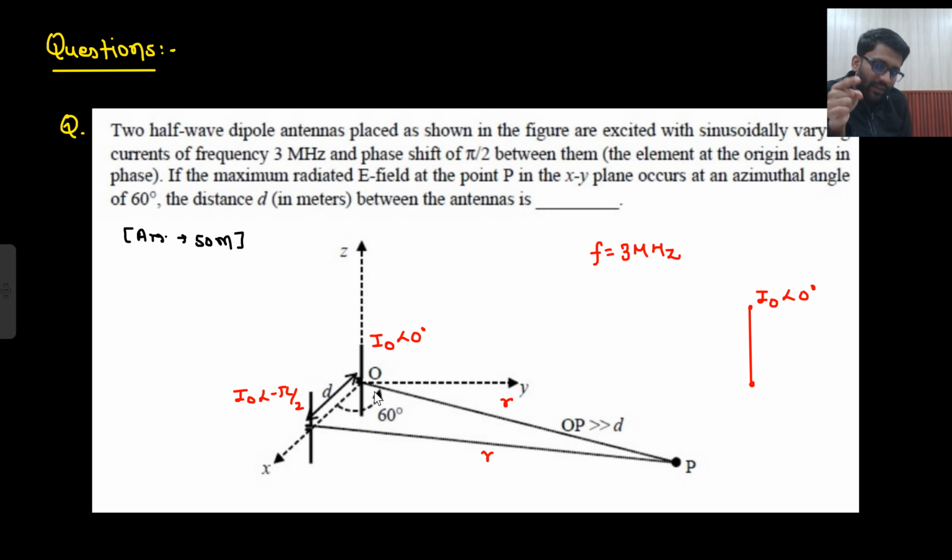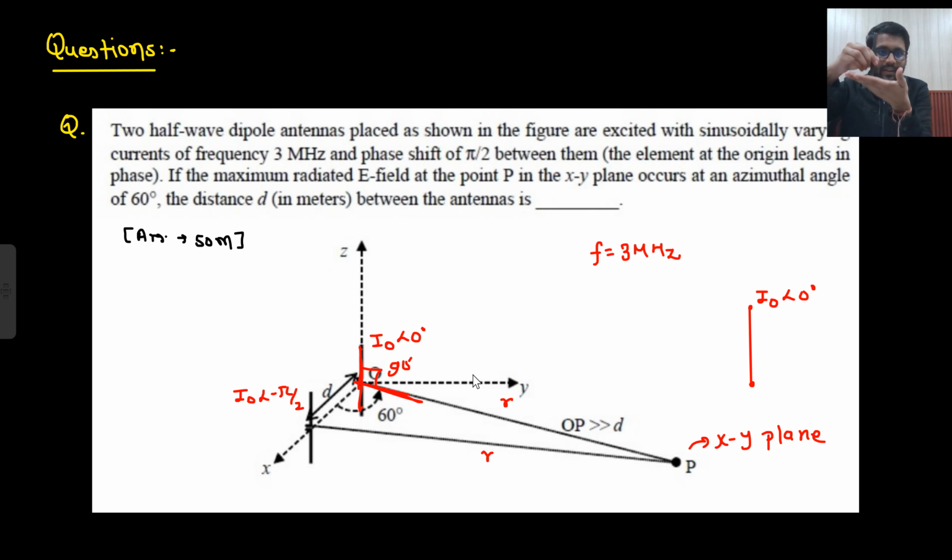Now where is this vector? This vector is in the xy plane. What they are saying? Point P is in the xy plane. If this is in the xy plane, then what is the angle between the arm of the antenna and r cap? 90 degrees, say yes or no?